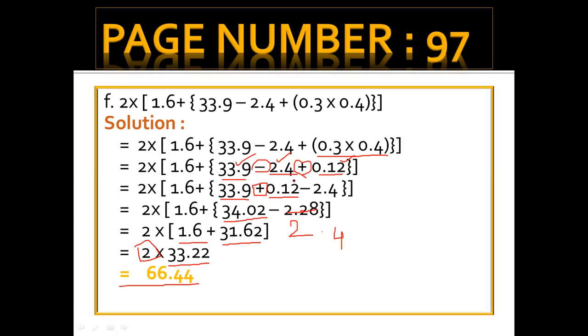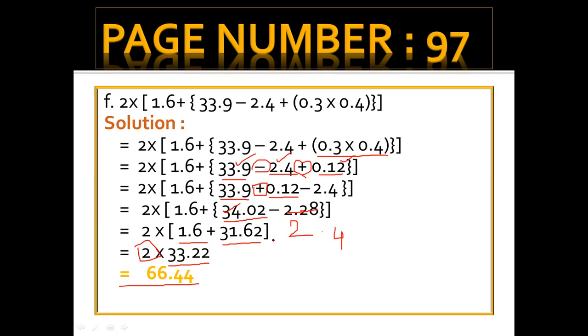According to the DMAS rule, we add the number and then we subtract the number. So according to this rule, 33.9 and 0.12. First we solve these two and then we subtract 2.4 from it. After addition, 34.08 and minus 2.4 is there.